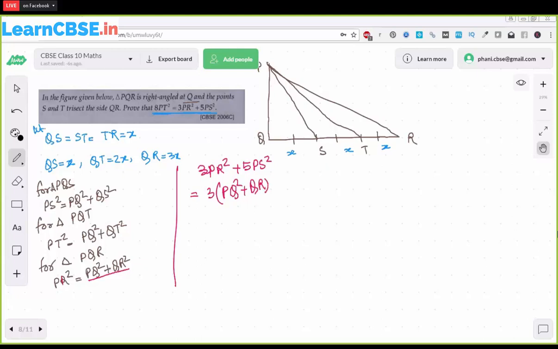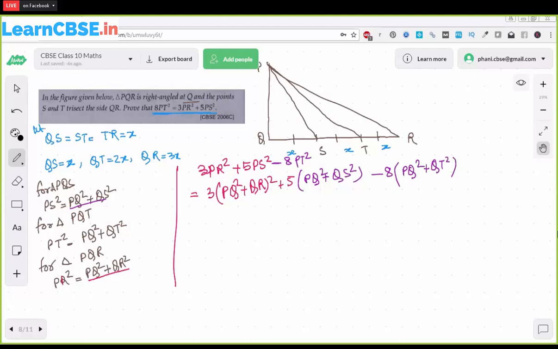And PS square can be written as 5 times PQ square plus QS square. We are also subtracting 8 PT square from it. So minus 8, and PT square can be written as PQ square plus QT square.